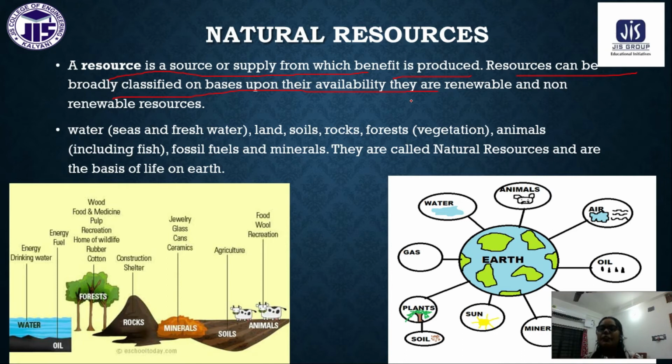Non-renewable resources, if we keep using them, will at some point be finished; they are exhaustible. What are the natural resources? Generally, we have water, land, soil, rocks, forests, animals, fossil fuels, and minerals. They are all called natural resources.